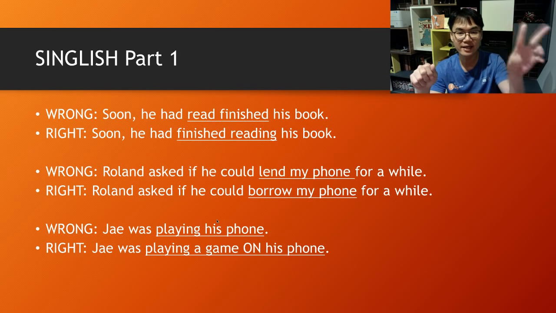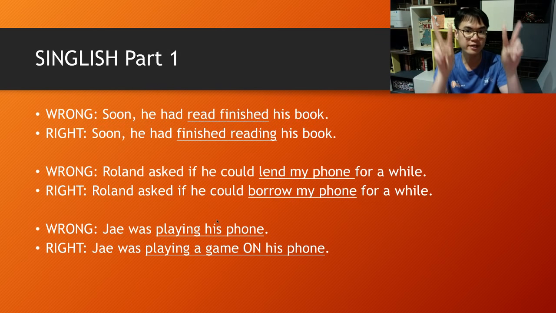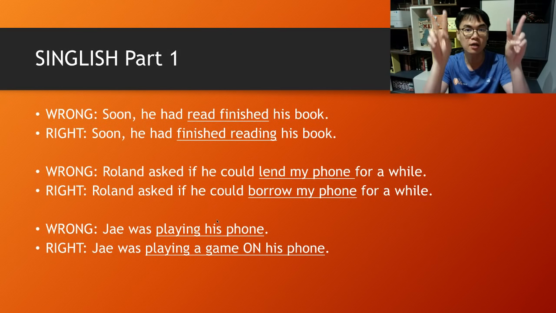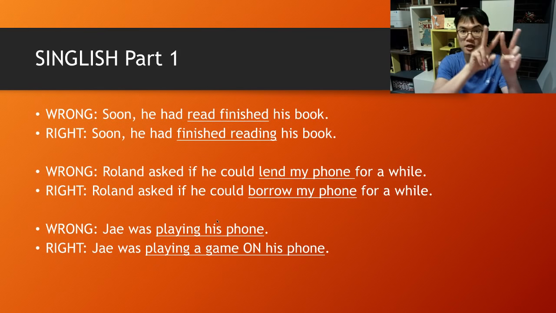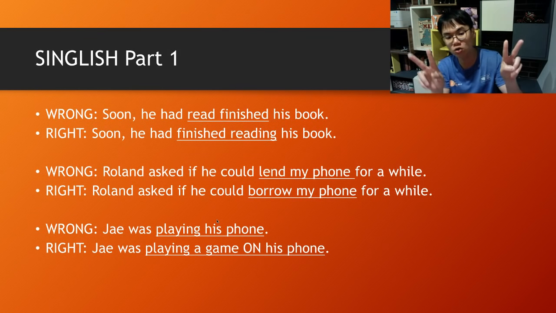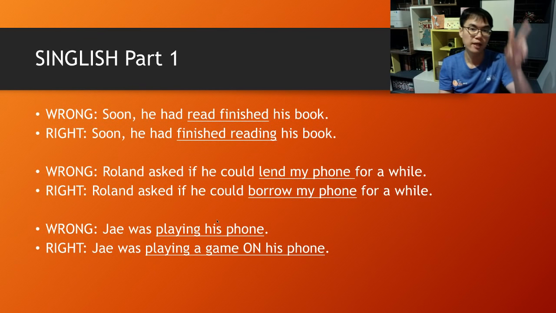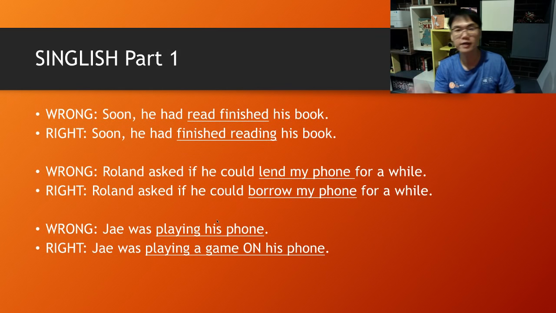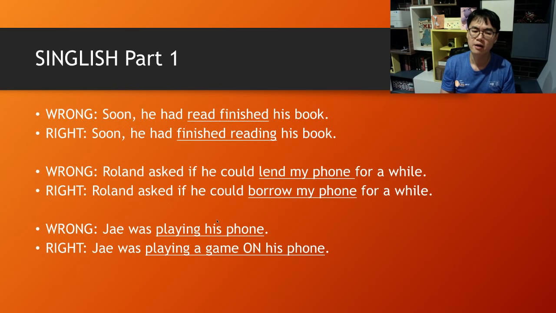Playing is a verb that always takes on some kind of preposition. A preposition is a word that tells you the position of the verb. So playing on his phone, playing in the park. So be very careful that when you use the word playing, don't say he was playing his phone.